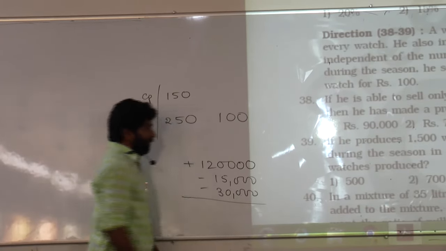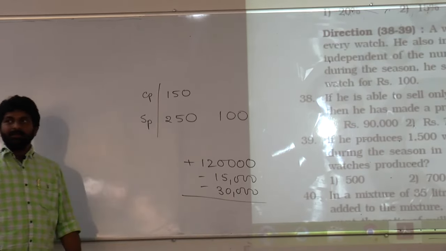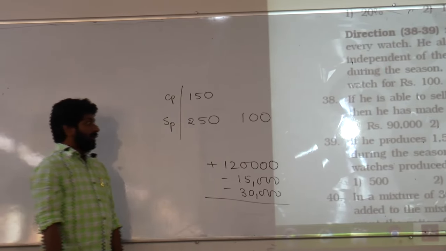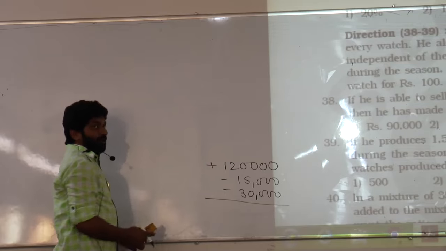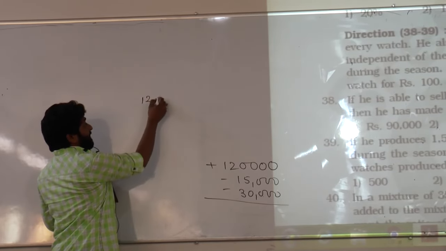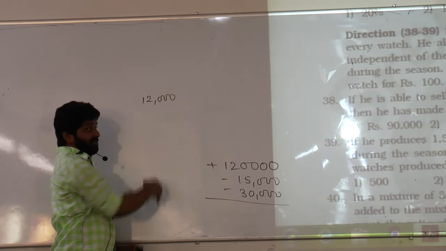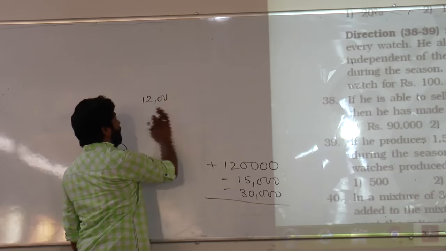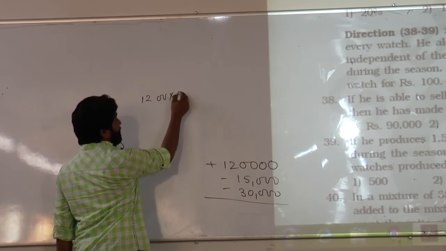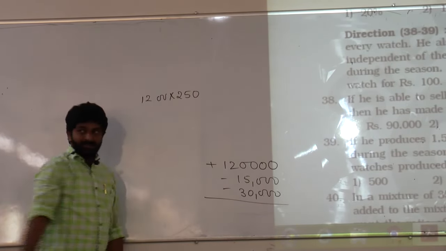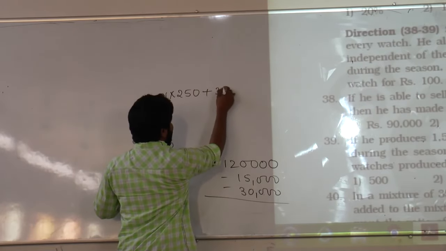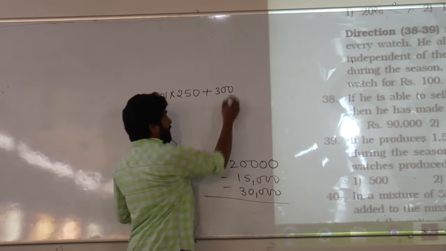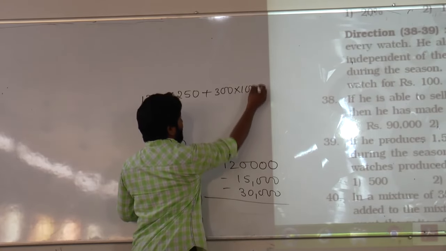Instead of this, if you want to go for the basic concept of profit and loss, during the season he is going to sell 1200 watches and each watch costs 250 rupees, and during off season he is going to sell 300 watches and each watch costs 100 rupees.